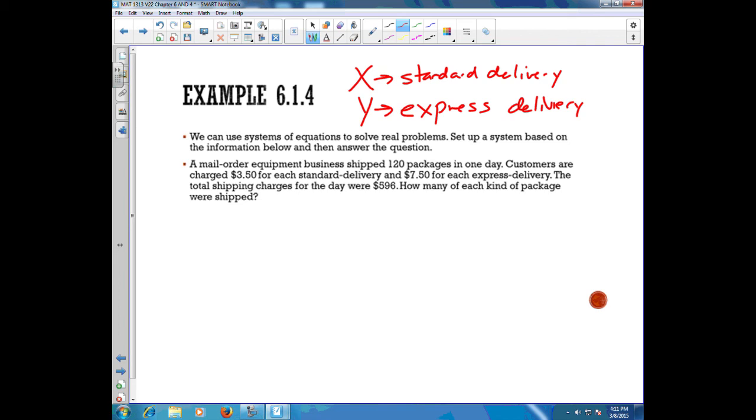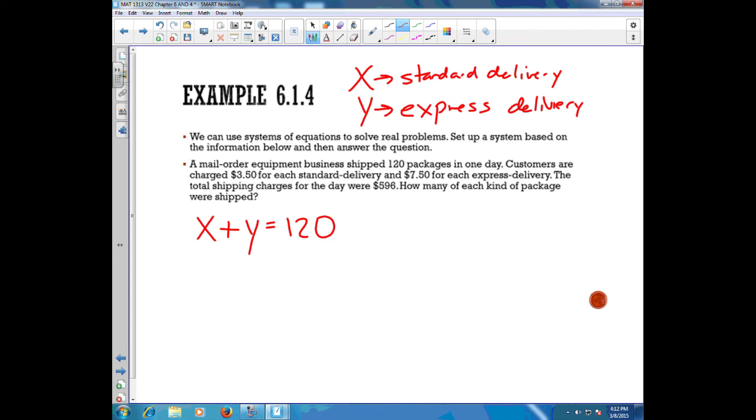We've got some information we need to pick out from the problem. First of all, it says that they shipped 120 packages in one day, which means the total shipped, the total amount, x plus y, should equal 120. So we get one equation from just the total amount.